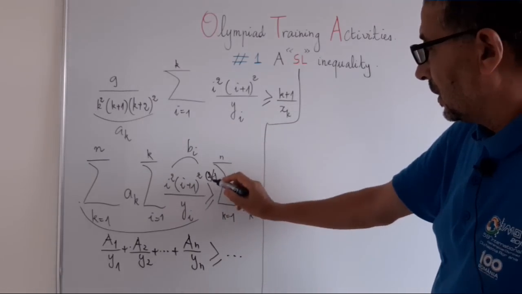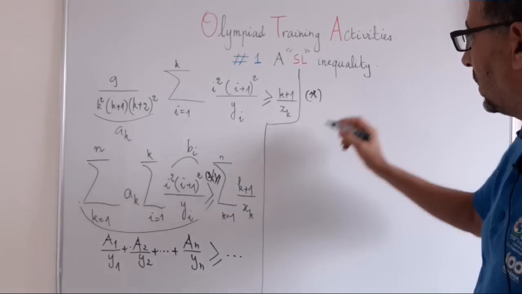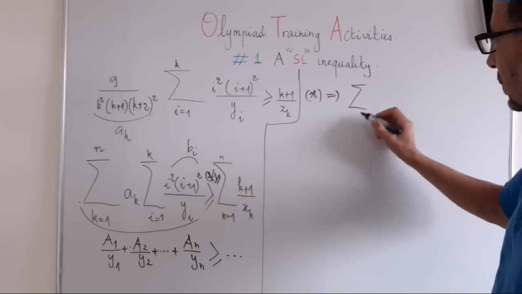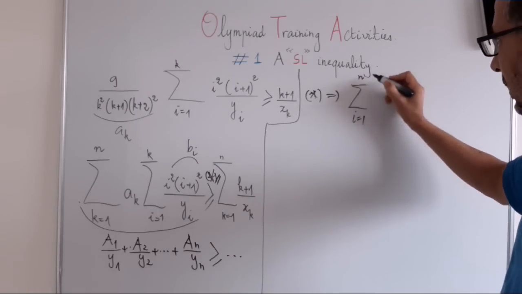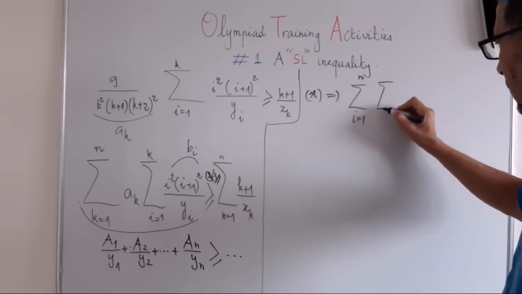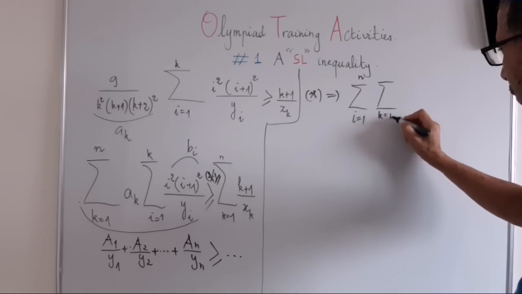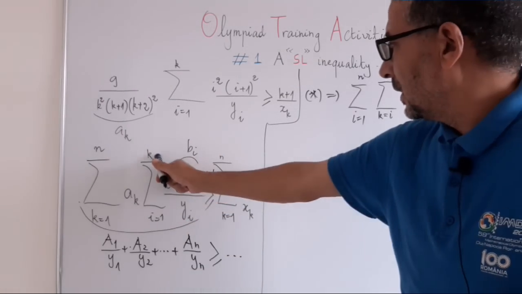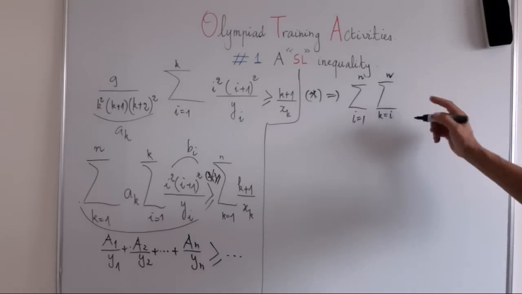So this member becomes: the first now starts from i equals 1 to n, and here, pay attention please, we will start from i to n, because k is greater than i.